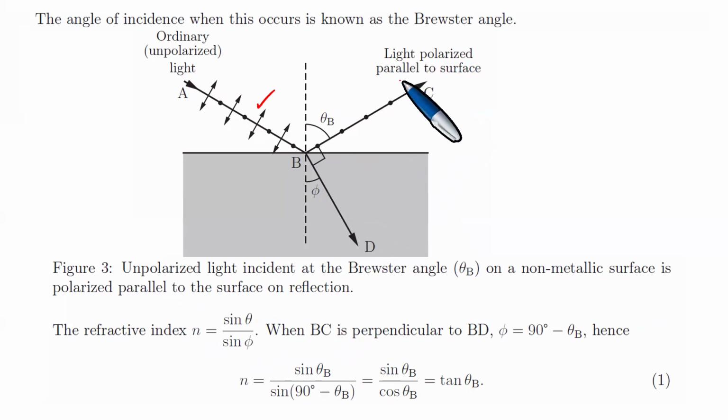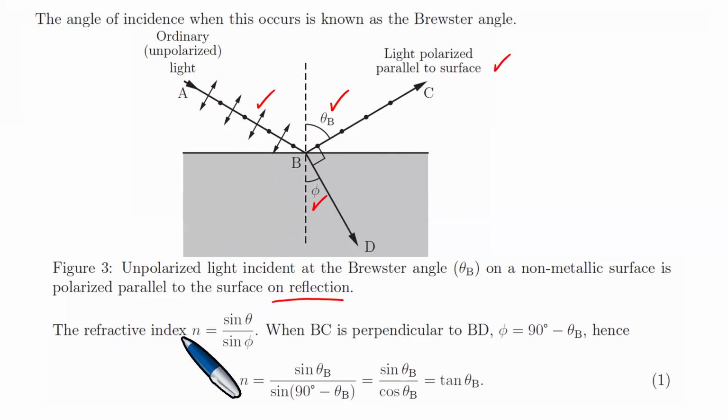So it is polarized now that it is reflected, but you can see that some light goes into the non-metallic surface. The refractive index is n. So now you have this angle phi and also the angle theta B.